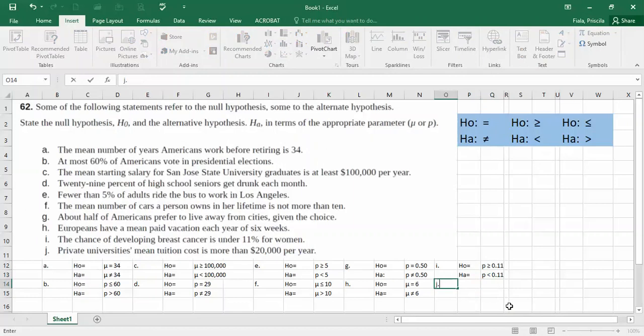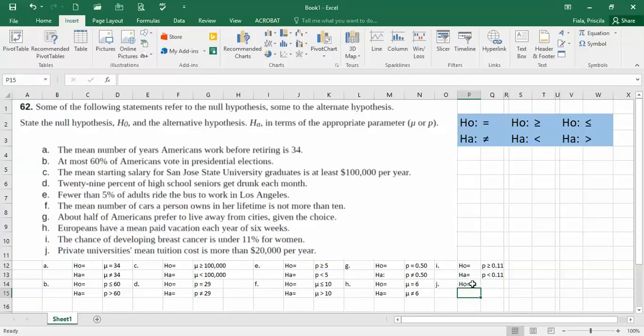And last, we have private universities. You're working with the mean, and tuition cost is more than $20,000 a year. "More than" is not including 20, correct? So we're going to be using this one right here.